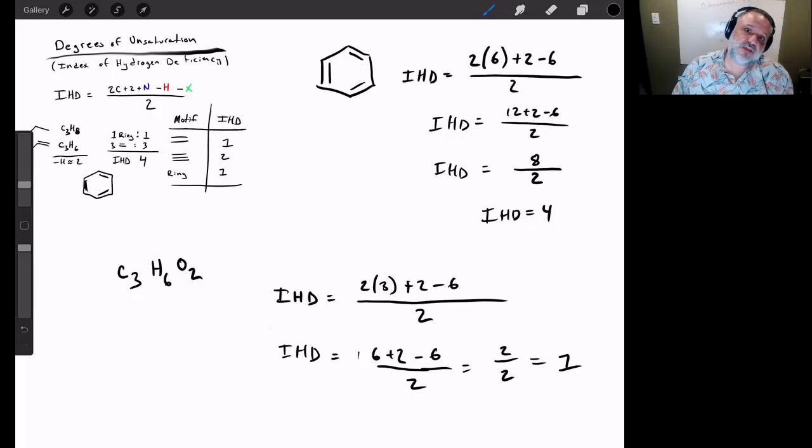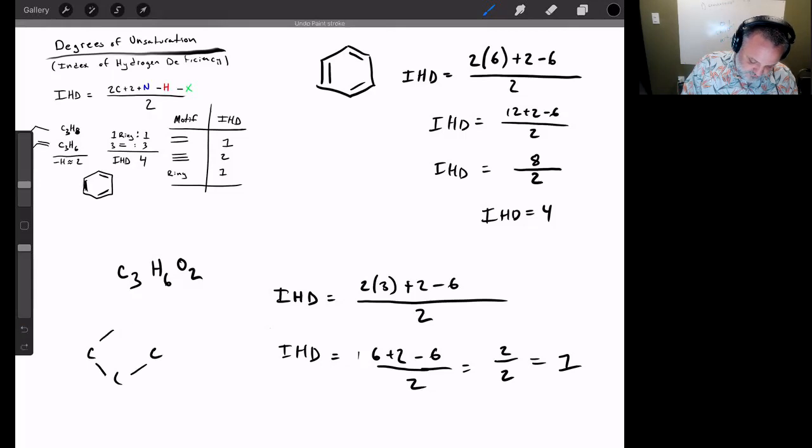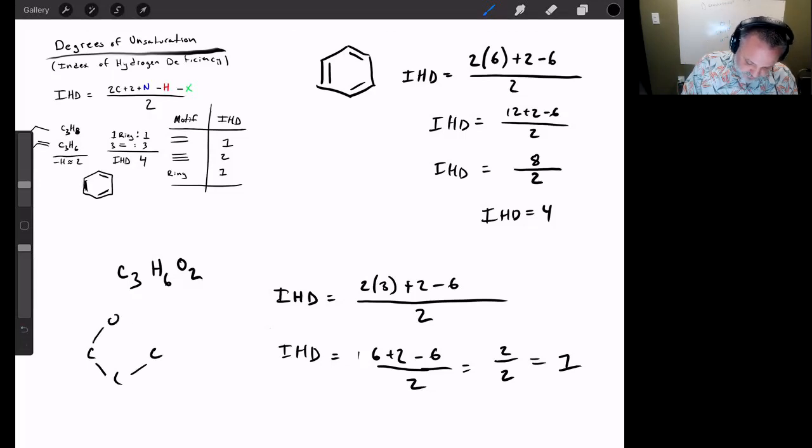So let's think about how the different rings could look. Well, I could have C, C, C, and maybe it's a peroxide. Maybe it's a 5-membered ring that has a peroxide. Let's see if this works out. Let's get everybody their full octets.